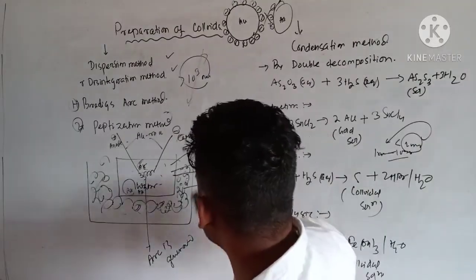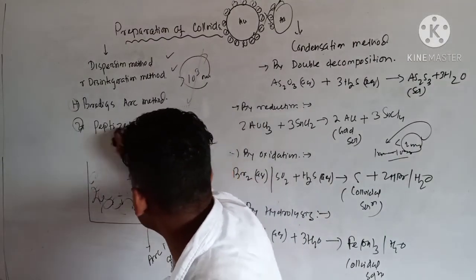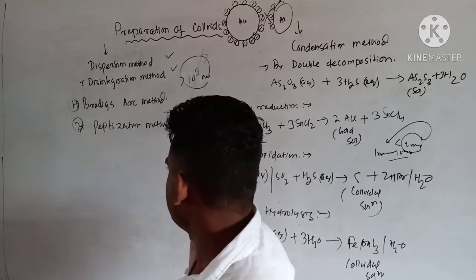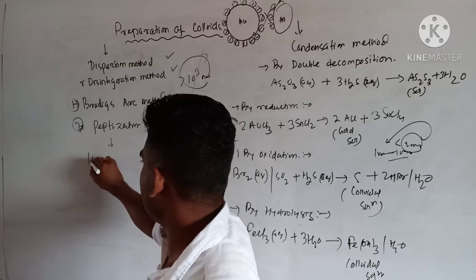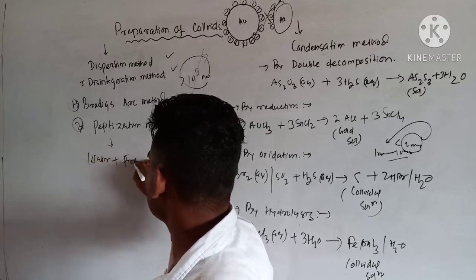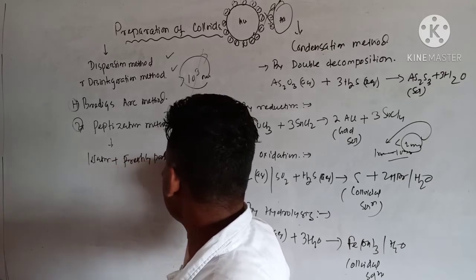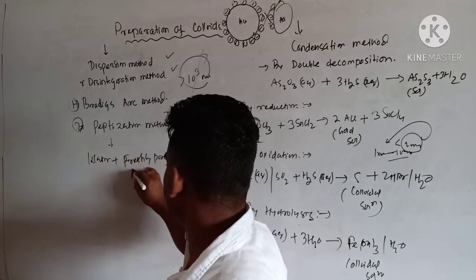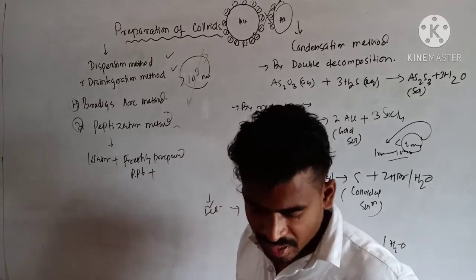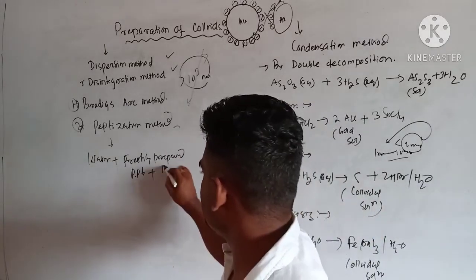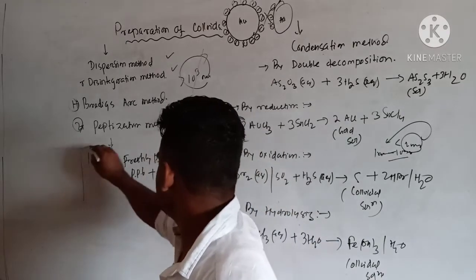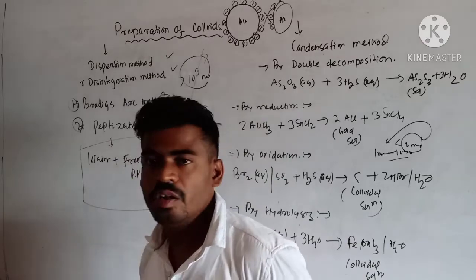And next one, that is the peptization method. Peptization means you consider water plus a freshly prepared precipitate, plus an electrolyte, and you shake this solution, that is called peptization.